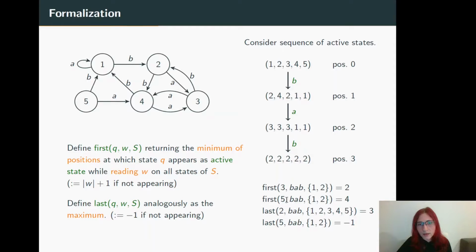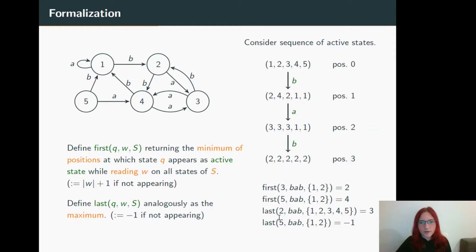On the other hand, if we ask for the first position on which the state 5 appears while reading our input word BAB on the state set 1, 2, then we notice that the state 5 never actually appears as an active state, and hence our default case comes into place, meaning that the return value of the function is the length of the word plus 1, and hence position 4.